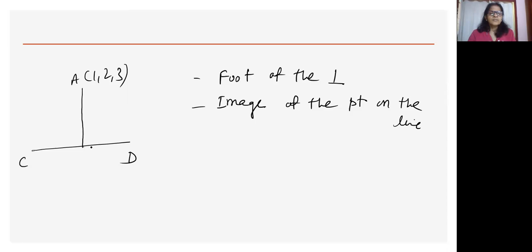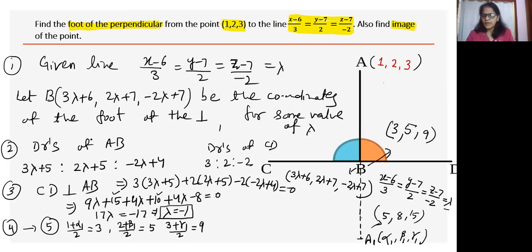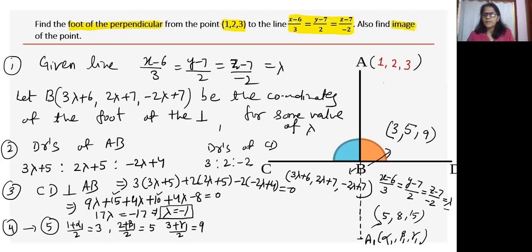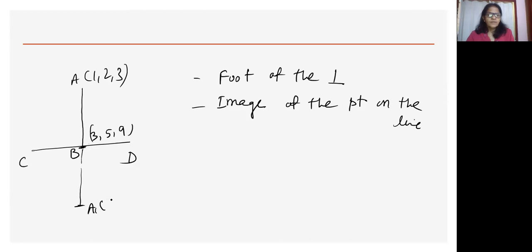B we have got is (3, 5, 9), the foot of the perpendicular, and this is your A1, (5, 8, 15), the image.